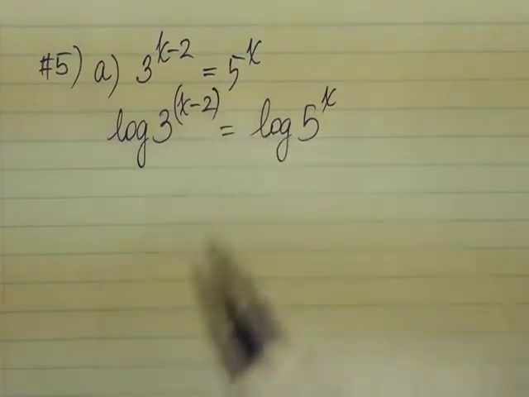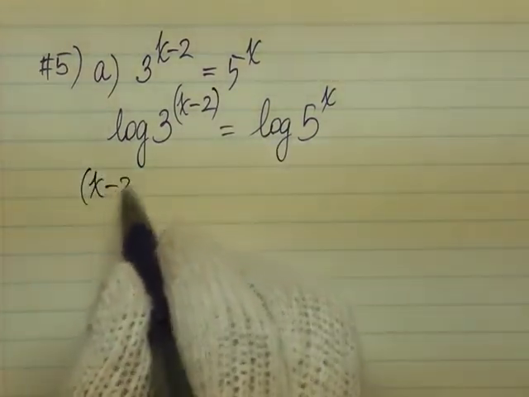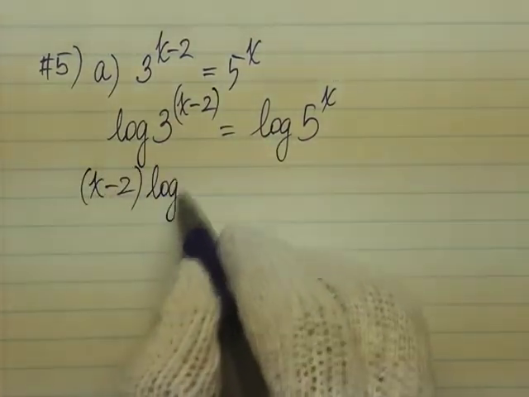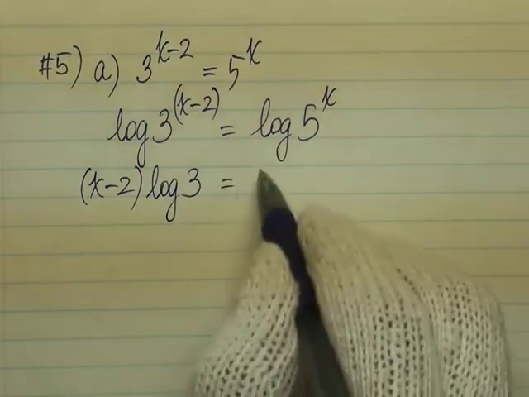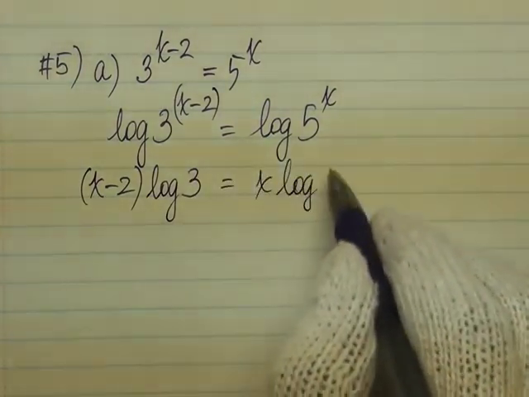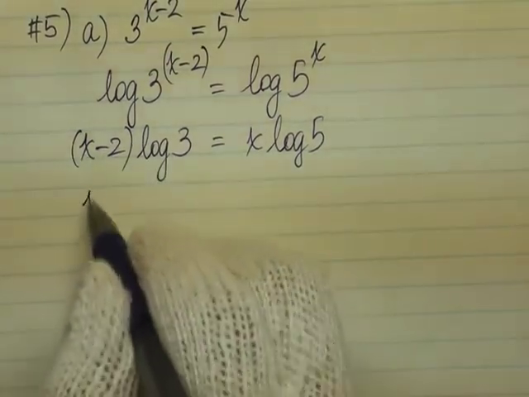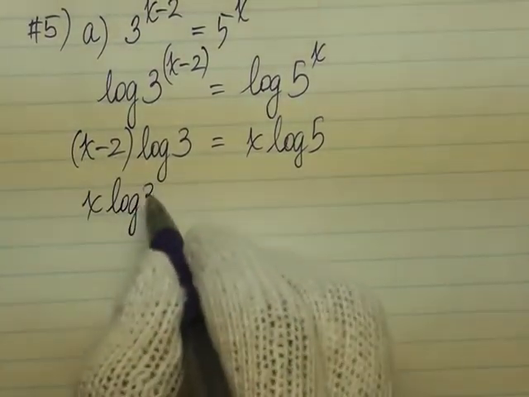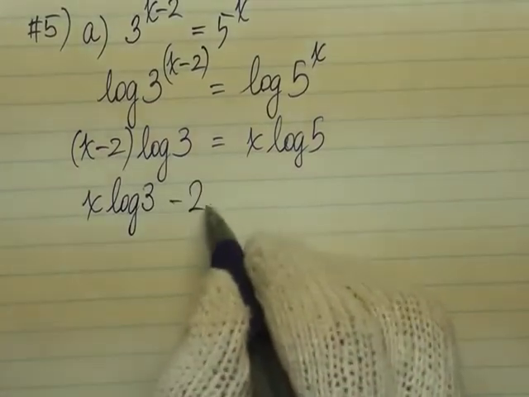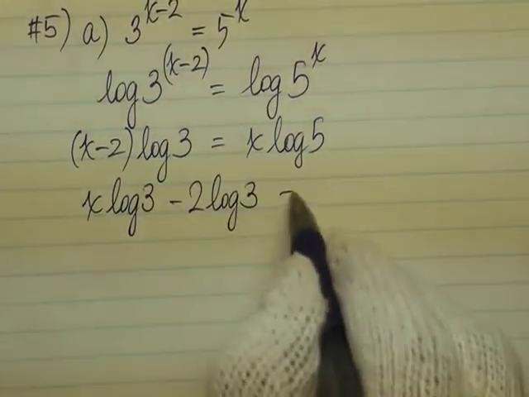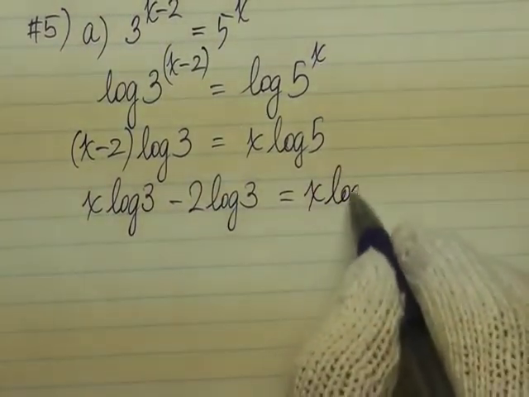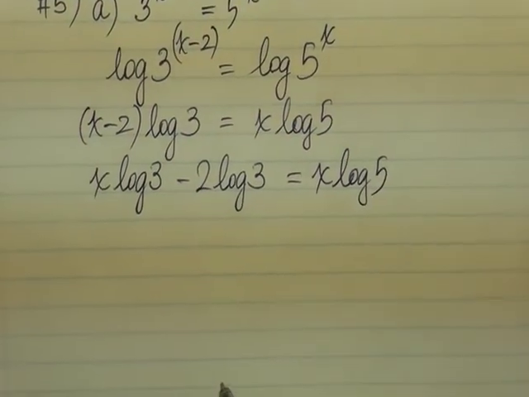That'll bring these exponents down. So multiply this out, that's going to give us x log 3 minus 2 log 3 equals x log 5.